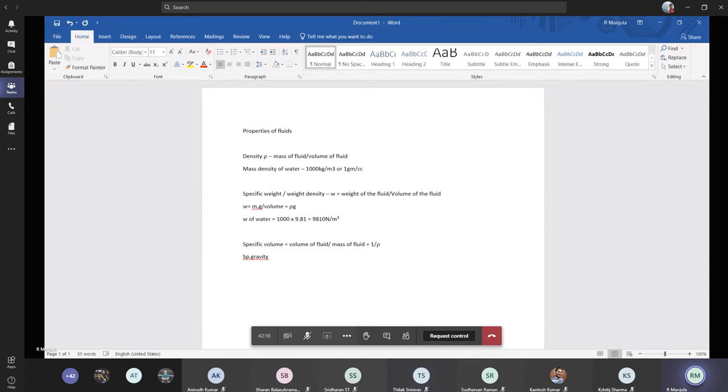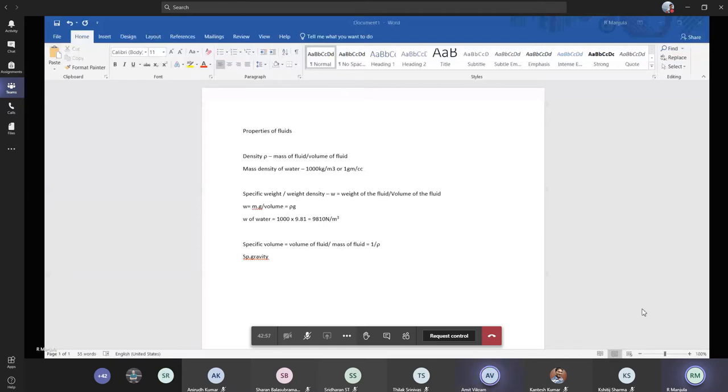So specific volume is expressed as, what is the unit then? What is the unit of specific volume? Ma'am, it's meter cube per Newton.